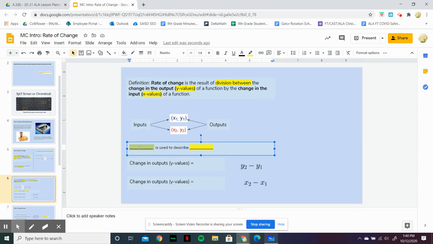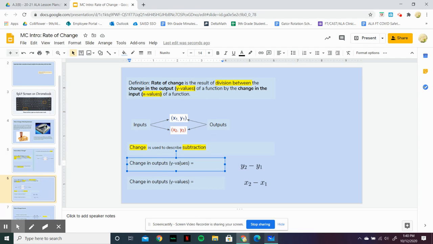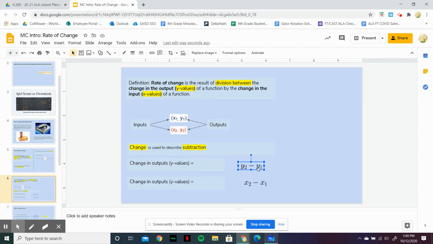And we know that change is just another word to describe subtraction. If you've ever bought anything with cash, you know that the cashier will subtract the total amount from the money you give them, and that is your change. So change in the output, which is the y values, would mean subtracting y2 minus y1.